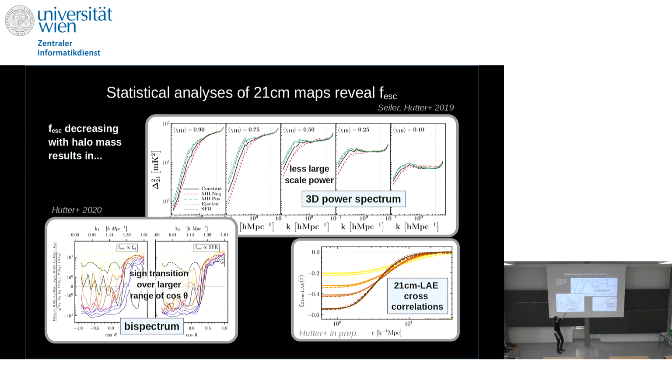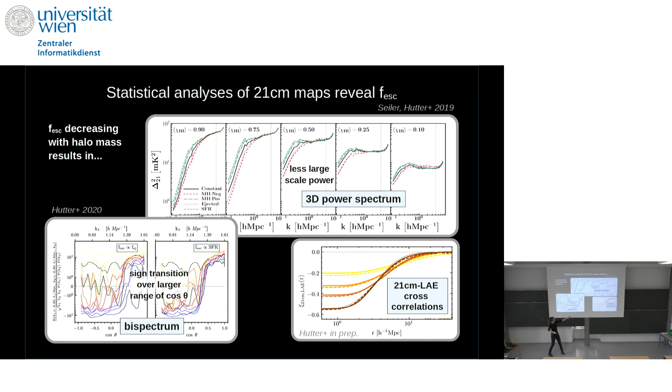If your scenario is dominated by high-mass galaxies, you will find the transition is basically stuck at a certain value as you go through different times and your universe becomes more and more ionized. While if it is driven by low-mass galaxies, the sign change is far more variable, which, if you look at the nature of the bispectrum, actually makes sense.